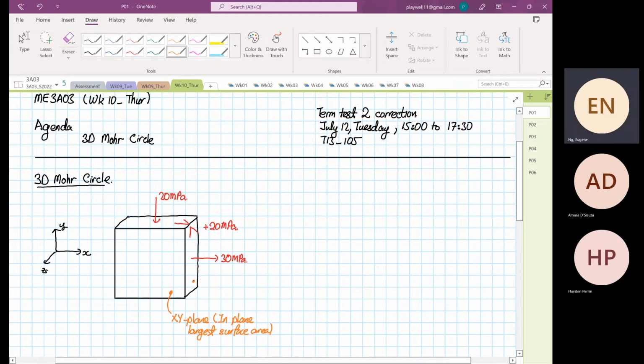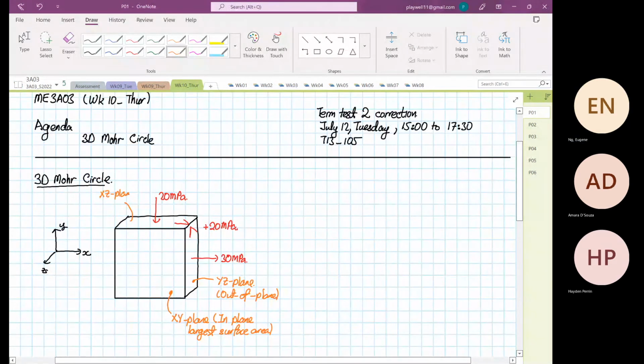Then this surface over here is known as our YZ plane, and we call this out of plane because the surface area is smaller. And then this surface over here is our XZ plane, and this is also known as our out of plane.